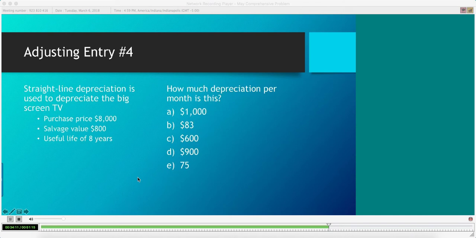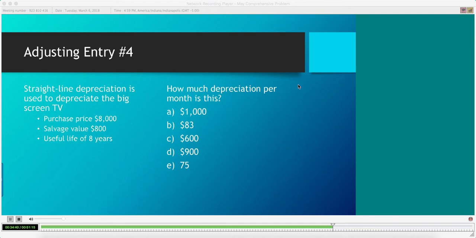The next one, we have to depreciate the big screen TV. And this time we actually have a salvage value. So we would have to do our 8,000 minus 800 before we could even divide by the useful life. So this is a little different than what we're used to with the straight line depreciation.